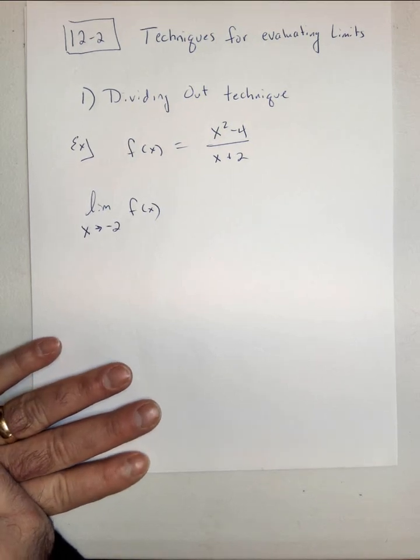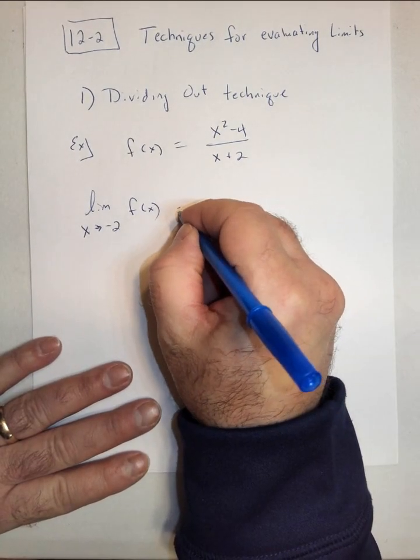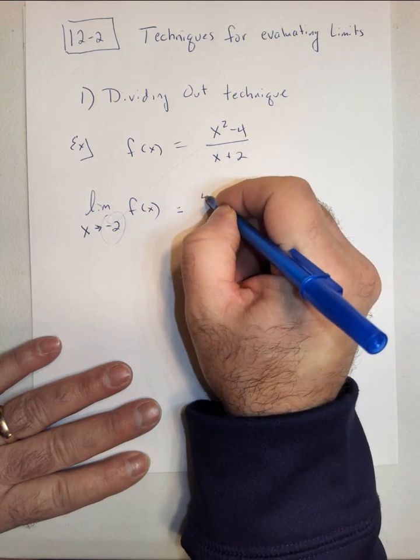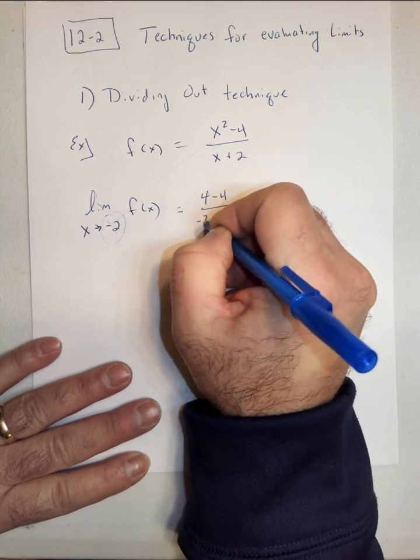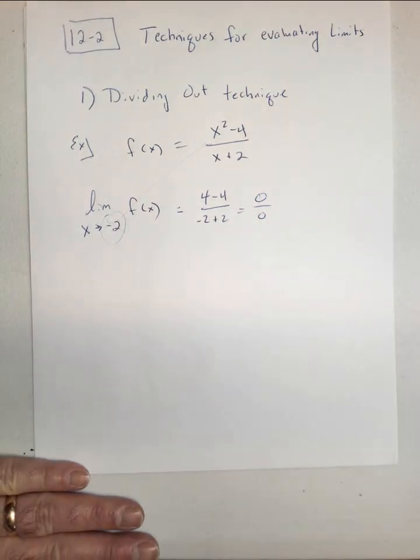First step, plug it in. What do we see when we take negative 2 and plug it in? We get 4 minus 4 over negative 2 plus 2, which is our indeterminate form, 0 over 0.